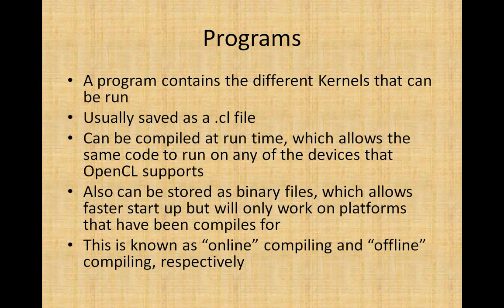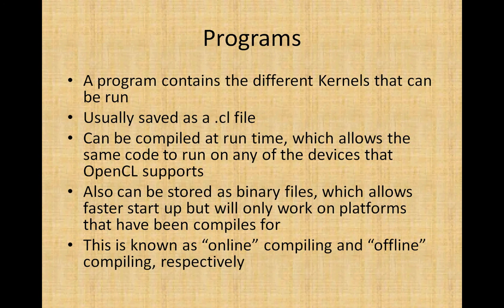There's advantages and disadvantages to both, obviously. Online compiling is nice because one of OpenCL's biggest strengths is its portability, how many platforms it runs on. With online compiling, you can ensure that it will support any of those platforms that support that specific version of OpenCL, at least in theory, because you're compiling it for that specific platform at that time.